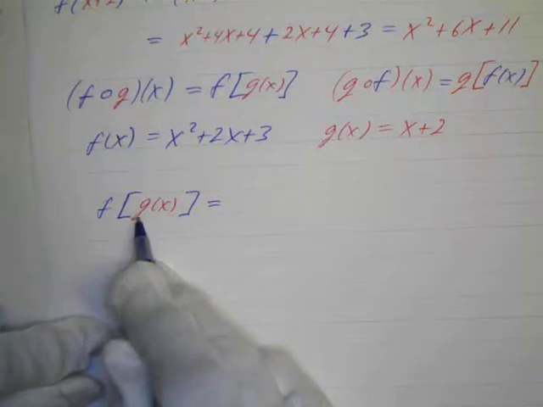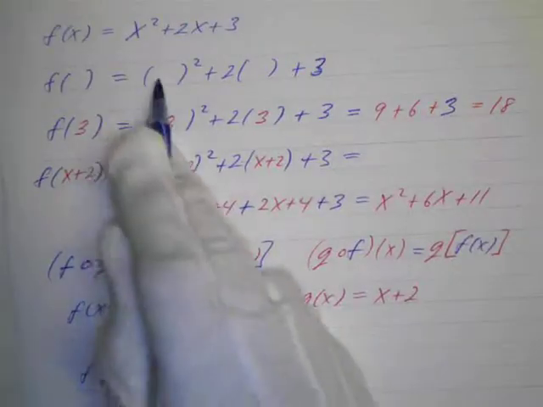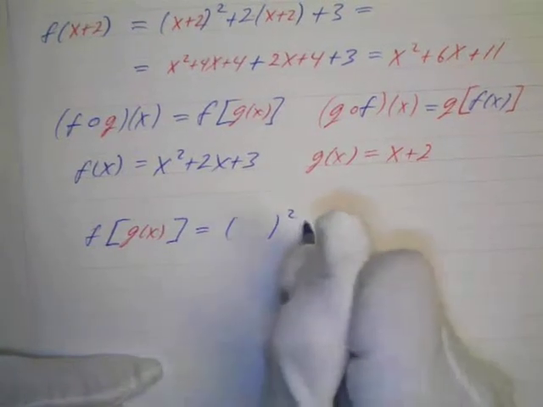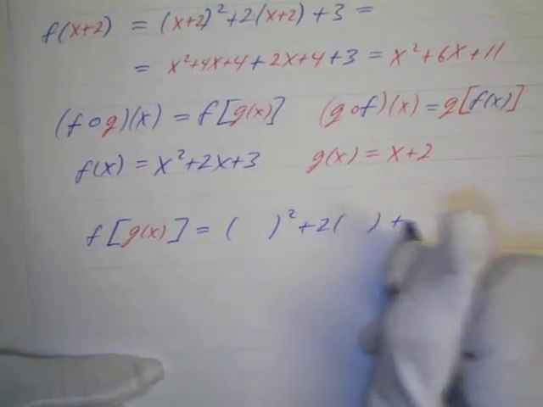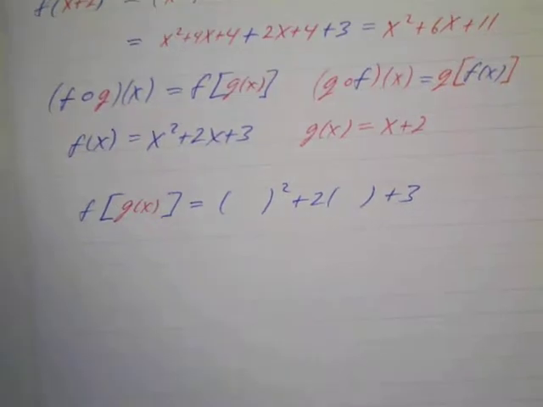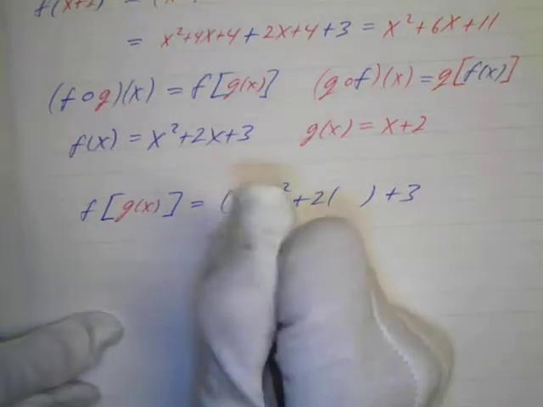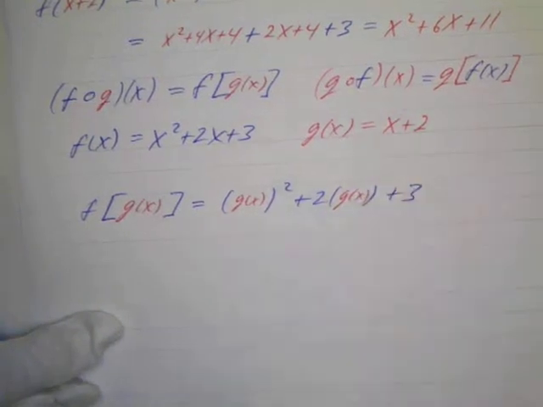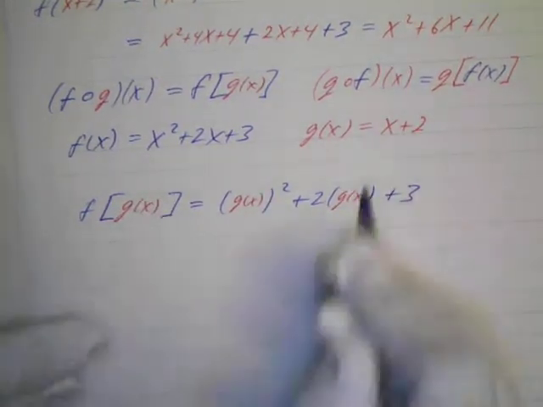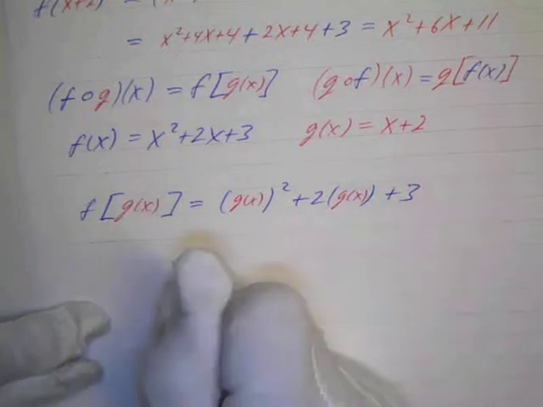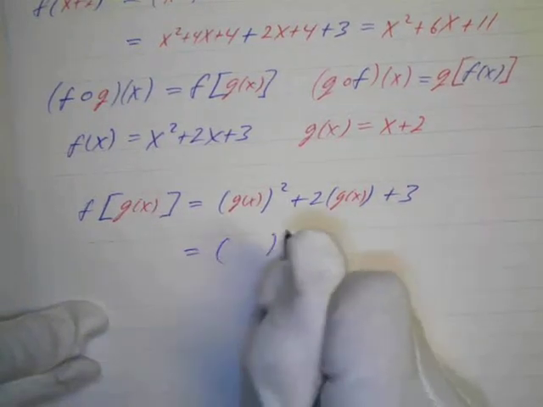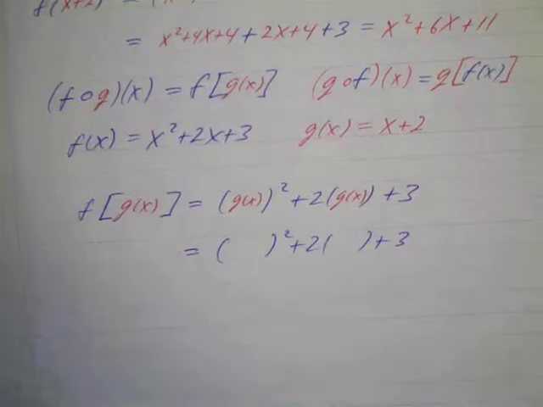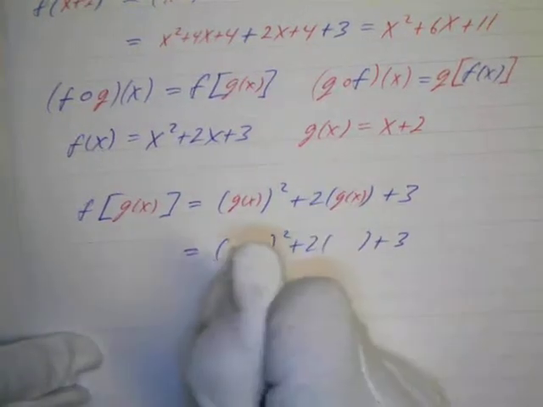So what was the f function? F was up here, so we've already used it before. Something squared plus 2 times something plus 3. And in this case, the something is the g of x. Now I'll write an extra step here, so I'll write g of x there. That's really what we're doing. But what was g of x? G of x was x plus 2. So instead of writing g of x, I'll put the x plus 2.